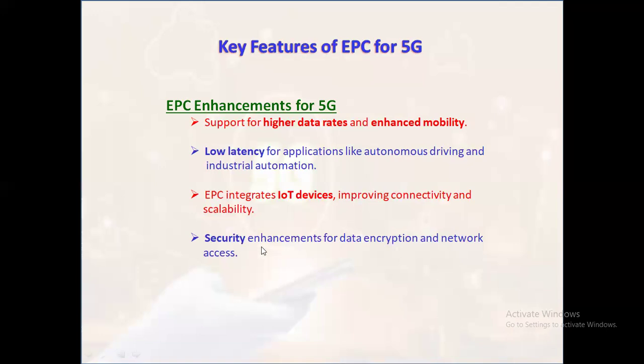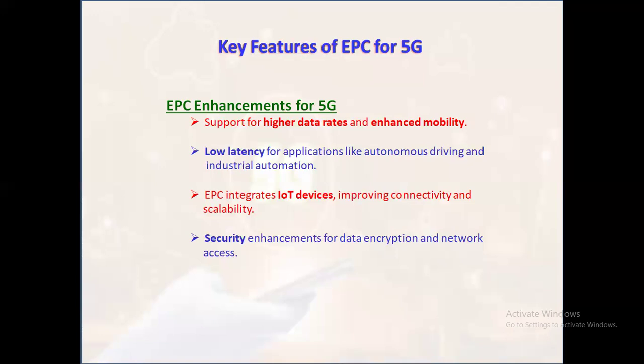Next is security. To address the increasing security demands of 5G, the EPC incorporates advanced security features including data encryption and enhanced network access control mechanisms. These improvements ensure that data transmitted across the network is protected from potential threats, safeguarding sensitive information.